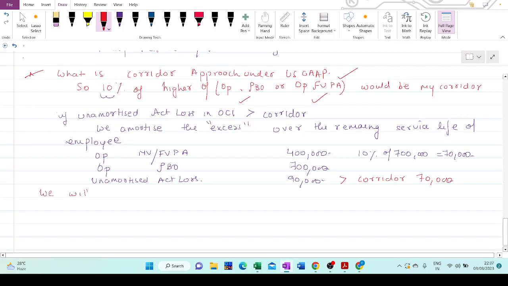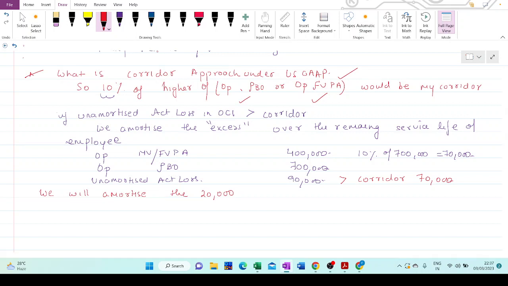We will amortize the 20,000 over the average remaining service life of the employees. So say the average remaining service life of the employees is 20 years. So we are going to divide this 20,000 by 20, and that is going to give us $1,000.